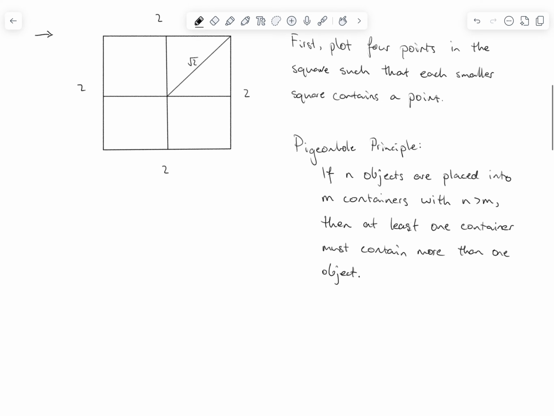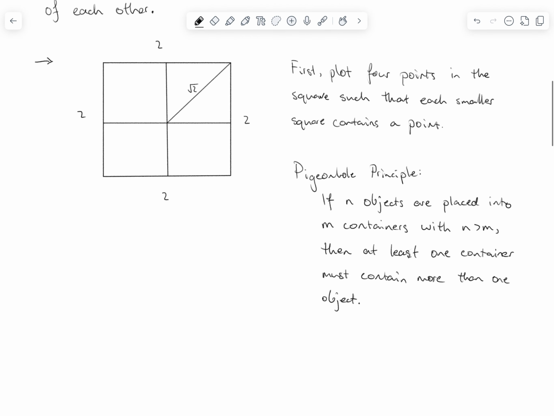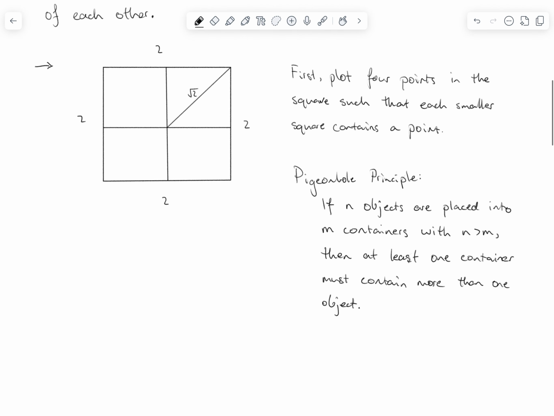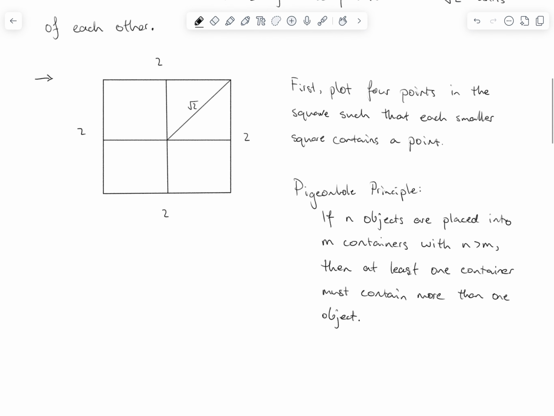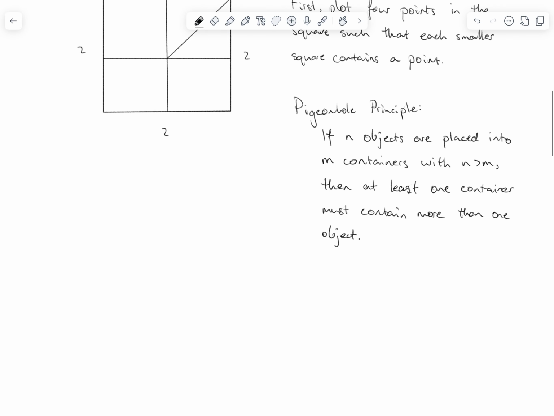This is a principle that's stated more formally here. It is quite common sense. Say you have 3 pigeonholes here, 1, 2, 3, you have 4 things to place into these containers.